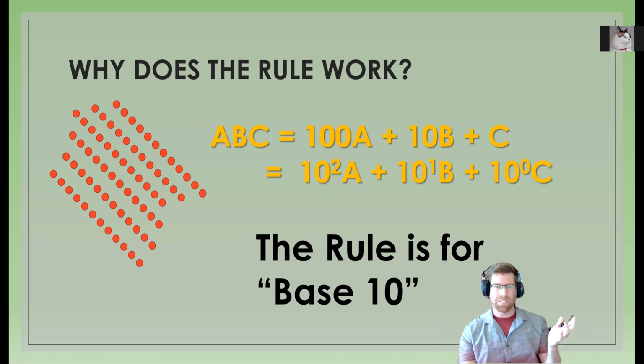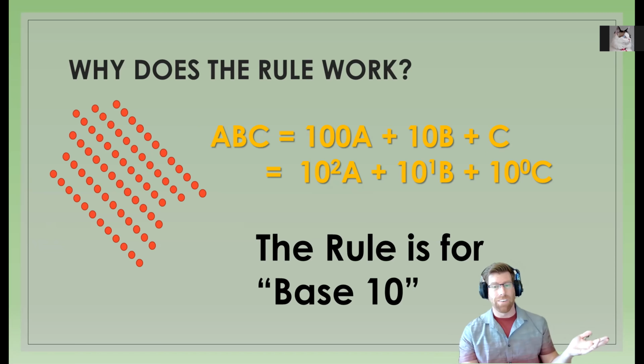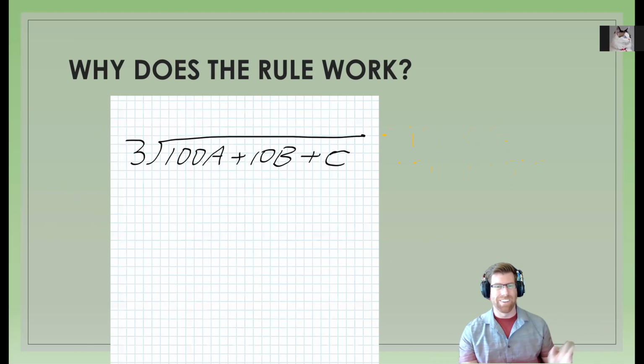And I think this makes it pretty obvious that this will work for 4-digit numbers, because we would have 1,000 to be the next place. So we'd have 10 cubed, and we just keep increasing our numbers that way. But we use base 10. If we switch the base, we're not going to have those nice divisibility rules anymore.